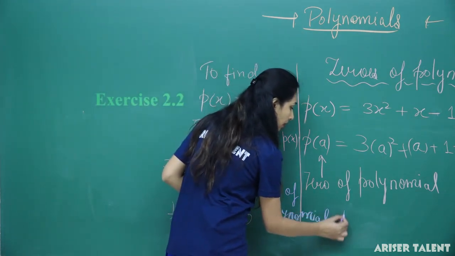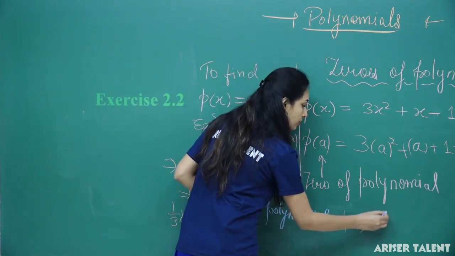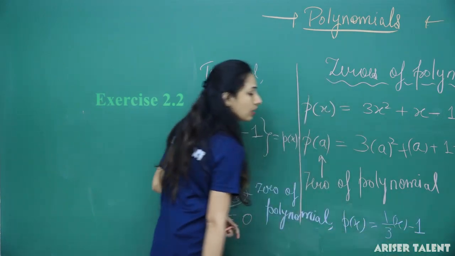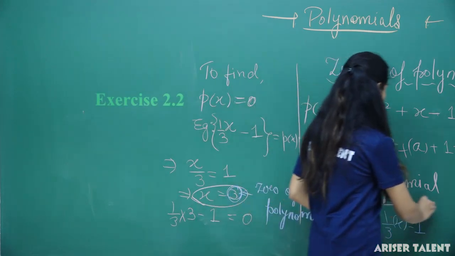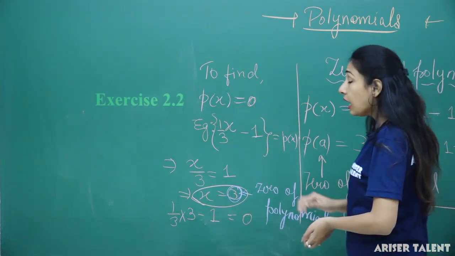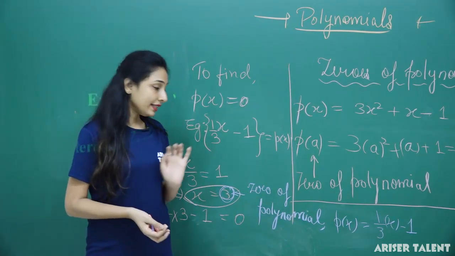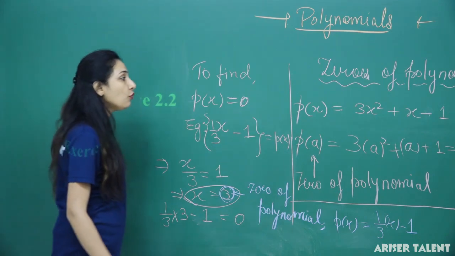This px equals to 1 by 3 x minus 1. Understood the concept of 0 of a polynomial? Okay. So now note it and we will move forward.